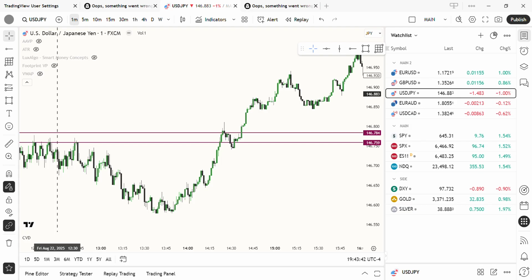Okay, so one, two, three. 2 out of 3 trades won. 40% win rate with the break evens.